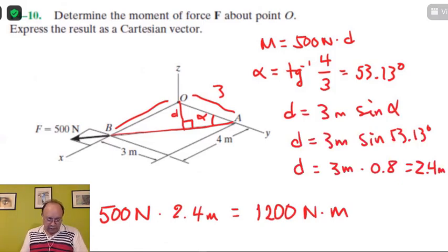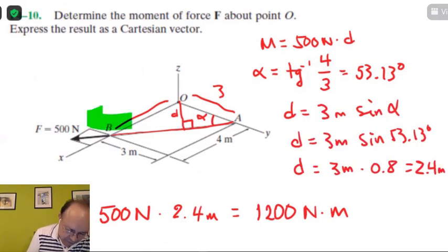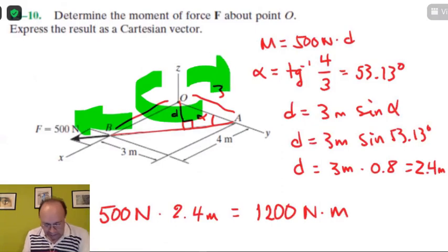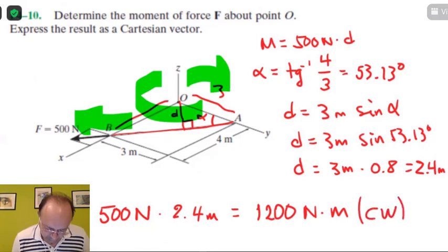If we are looking from the top, this goes in this direction, so the rotation will be like this. It looks like a clockwise, right? But let's leave it like that for now, because it will be some kind of clockwise direction, but we don't work in space for these problems.